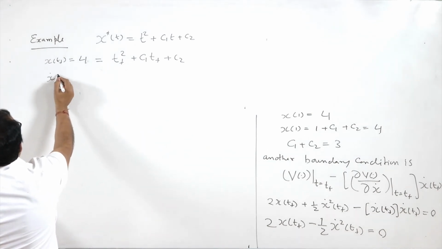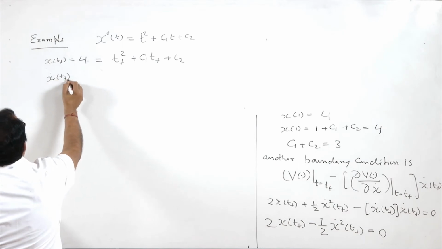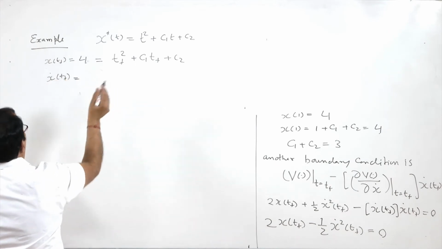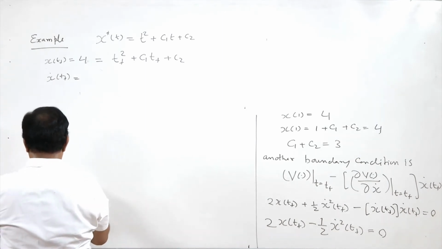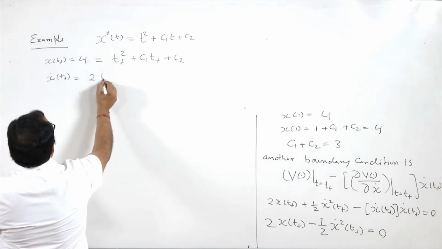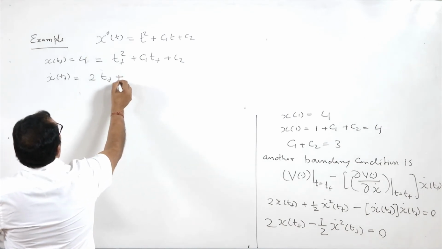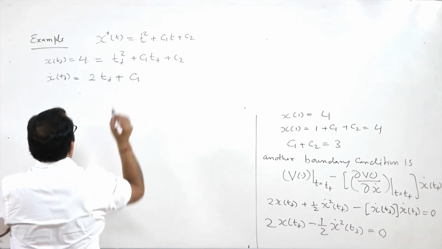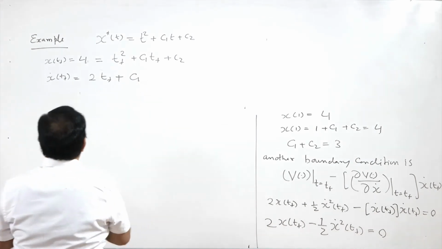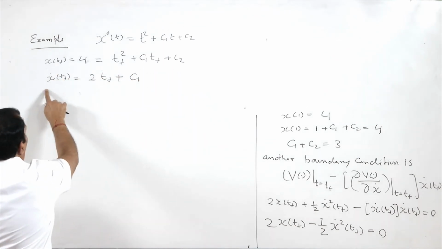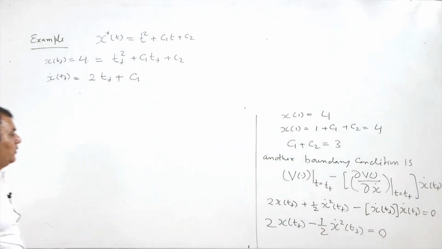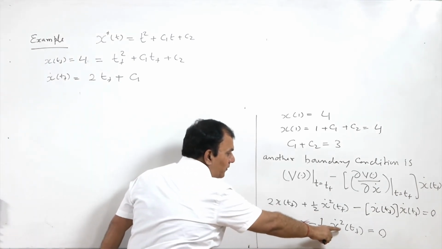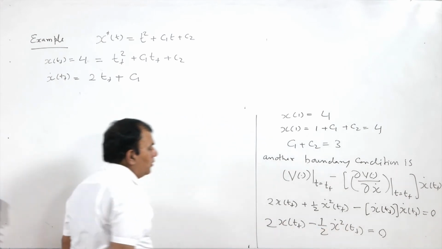And ẋ(tf), if I write it from this, is nothing but 2tf plus C1. Now, I have my x(tf) as this, ẋ(tf) as this. I can place these values in this equation, 2x(tf) minus 1/2 ẋ(tf)² equal to 0.